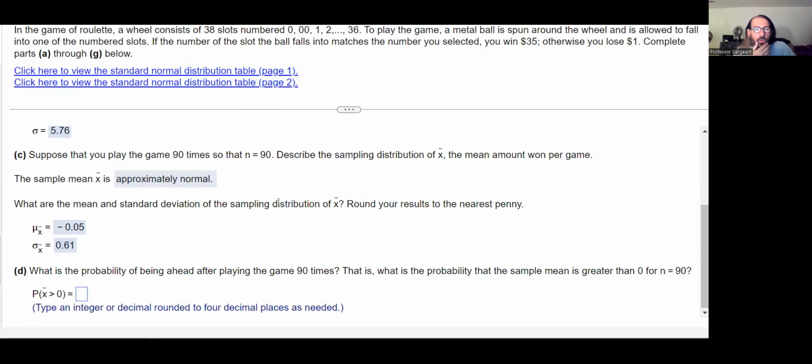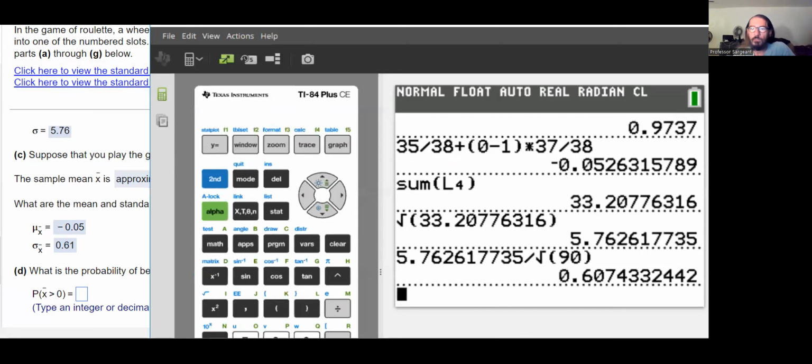Okay. So what is the probability of being ahead after the 90 games? So the probability of X bar being greater than 0, that you have some amount of profit instead of a loss. Okay. So since this is dash T technology, instead of using z-scores in the table, X bar greater than 0 are shadings to the right.